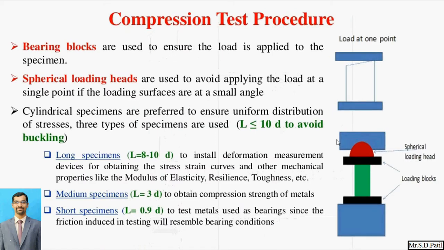Now what is the exact procedure to conduct the compressive test? Bearing blocks are used to ensure the load is applied properly to the specimen. The loading blocks are used just to ensure how we can apply the load on that particular component.